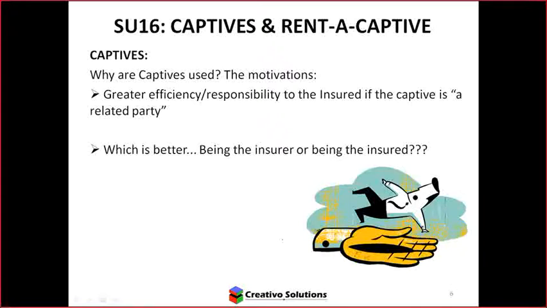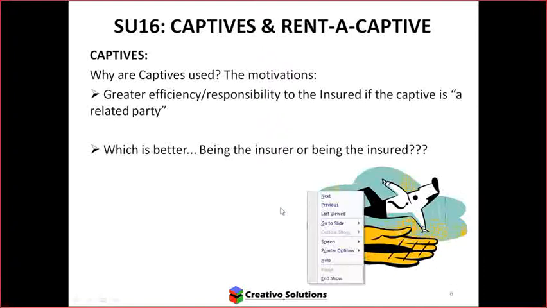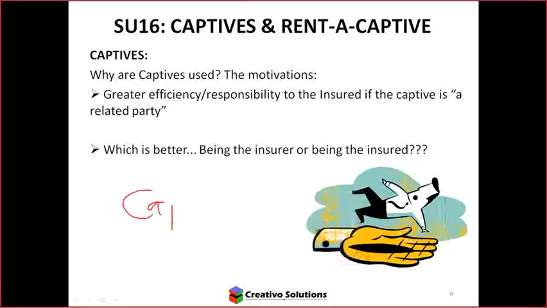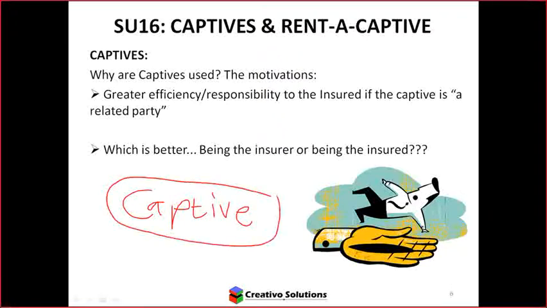Yes. But what's the benefit of the insurer? Keeping all the premiums, maybe. Profit. Do you agree? So what does a captive do? The same as the insurer. The captive is almost like the best of both worlds. The captive keeps the premium, which is the benefit that the insurer enjoys.